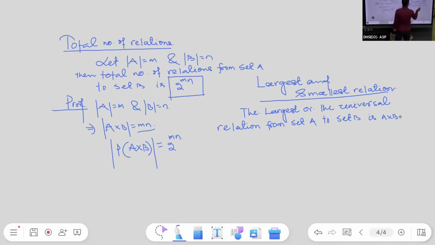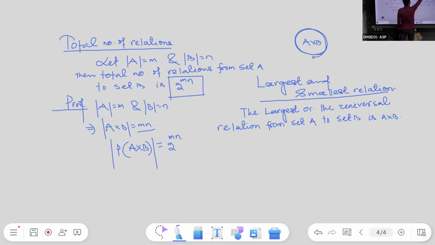So the largest relation from set A to set B means the largest subset of A cross B. The largest subset of A cross B is A cross B itself. So the largest relation or the universal relation from set A to set B is A cross B.